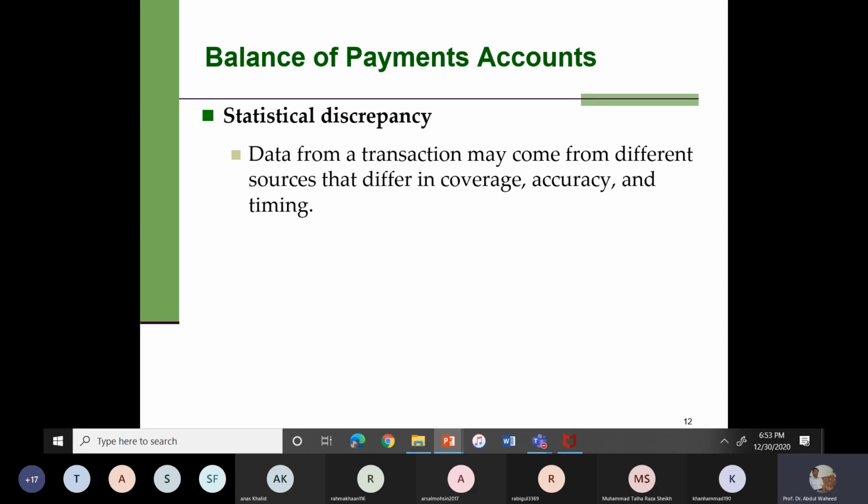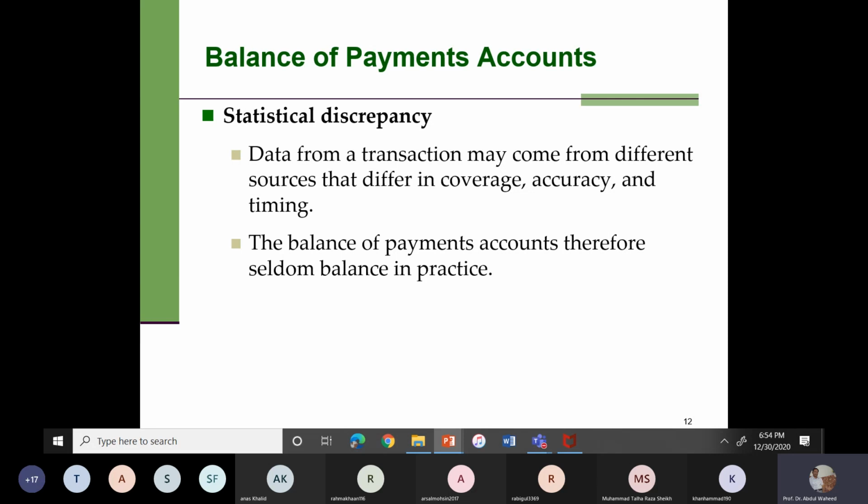In developing countries, the statistical discrepancy is large because some transactions are not properly recorded, or there are lags in transactions. There are issues of accuracy, and documentation problems as well. So there is a big statistical discrepancy. But in developed countries, the statistical discrepancy is small because they are well documented. But a statistical discrepancy would still be there, to make it balance.